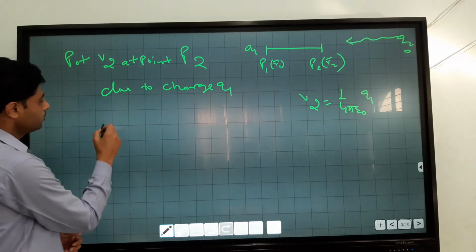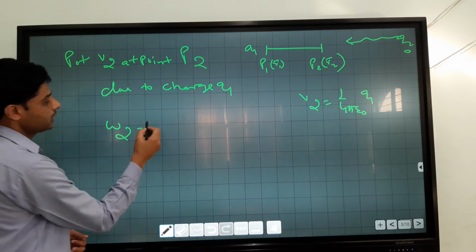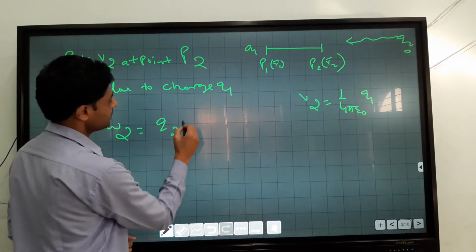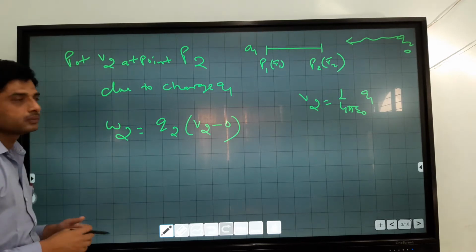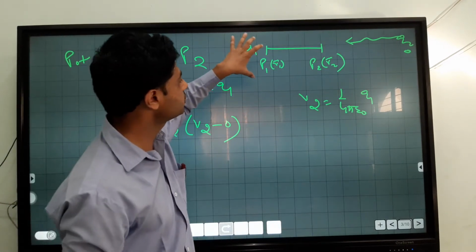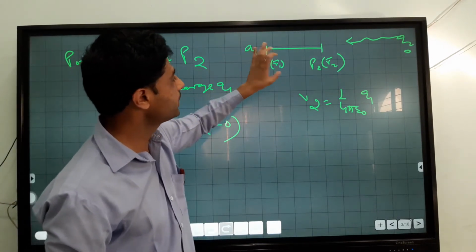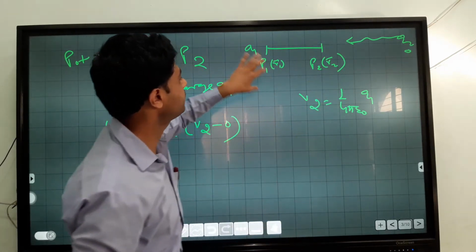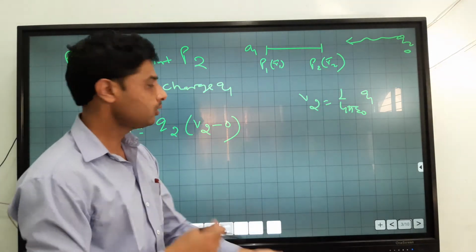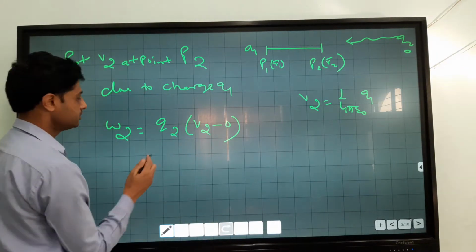So we have to do work W2, and W2 is equal to Q2 into V2 minus 0, because only the Q1 charge is placed. So the potential difference equals the potential at point P2, and the potential at point P1 is 0. So the potential difference is V2 minus 0.